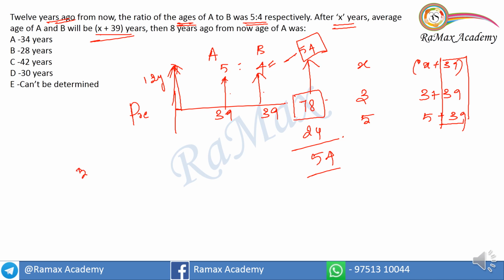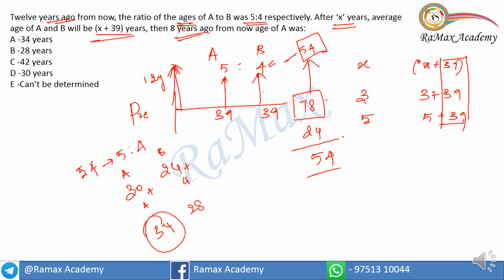We need to split 54 in the 5:4 ratio, which is 30 and 24. This is the age of A and B 12 years before. They are asking the age 8 years ago, so we need to add 4 to both the numbers, which is 34 and 28. They are asking the age of A, so the answer is 34.